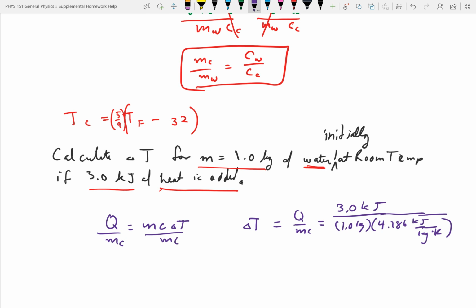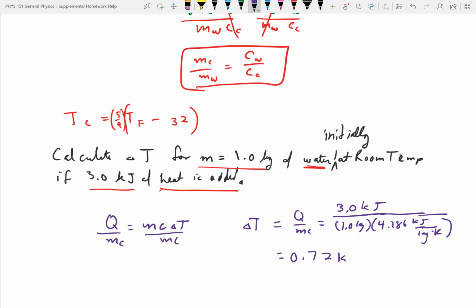I believe it's 4.186 kilojoules per kilogram Kelvin. I didn't look it up, but I'm pretty sure that's right. I'll just say that in there. So the change in temperature is 0.72 kelvins.